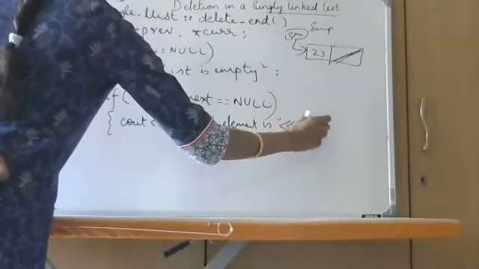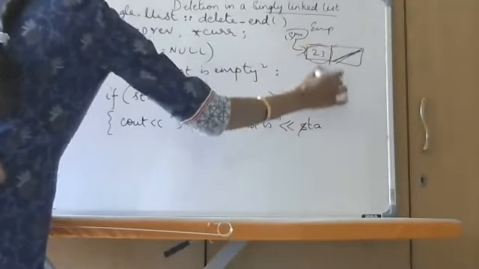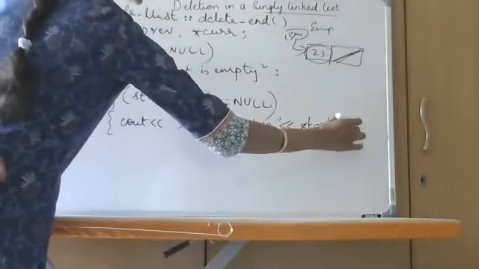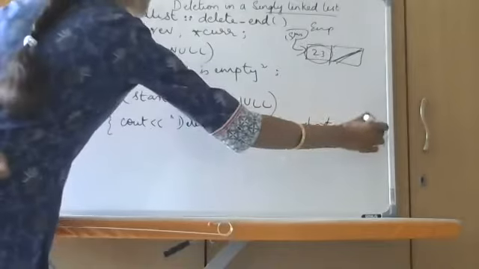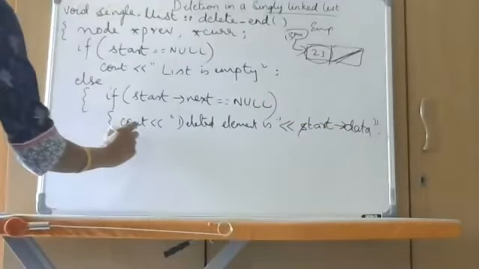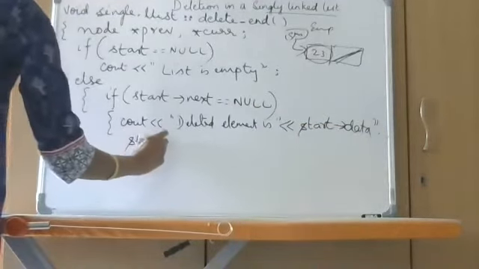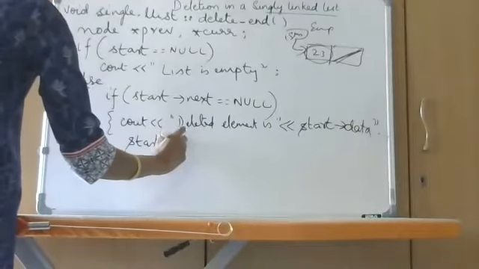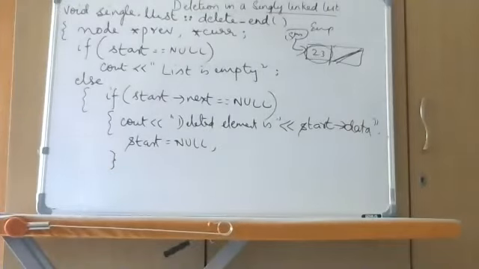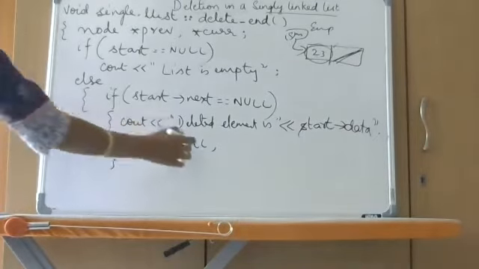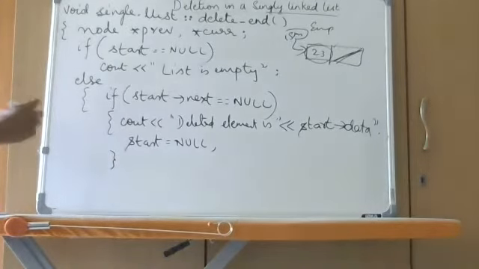This is your element, nothing but start of data. Then since that is also deleted, I have to set start is equal to null. Because there was only one element in the list and I have deleted that, my list will now become empty.